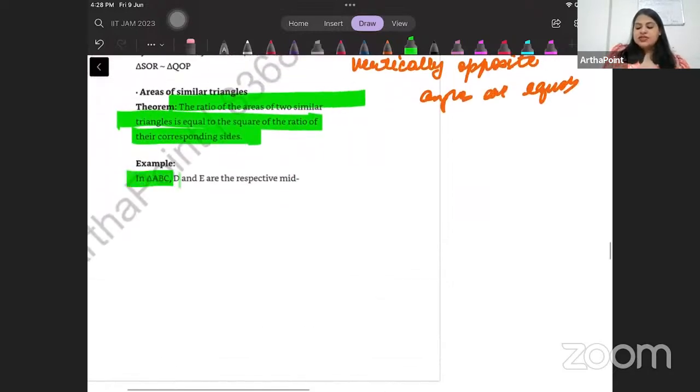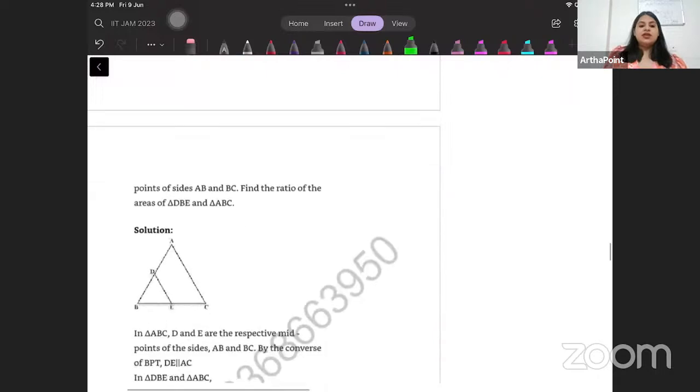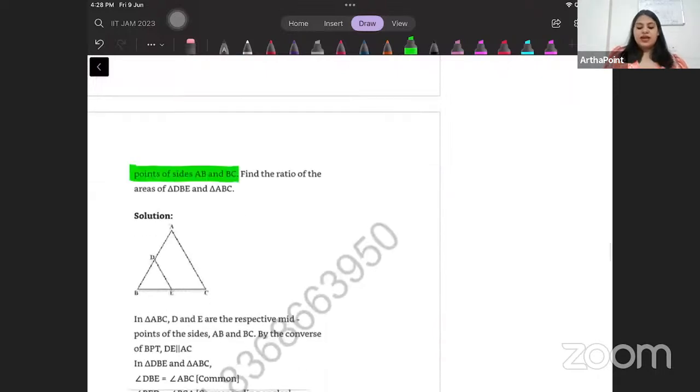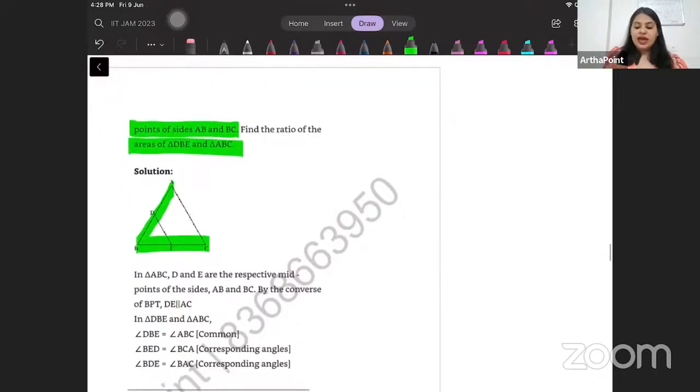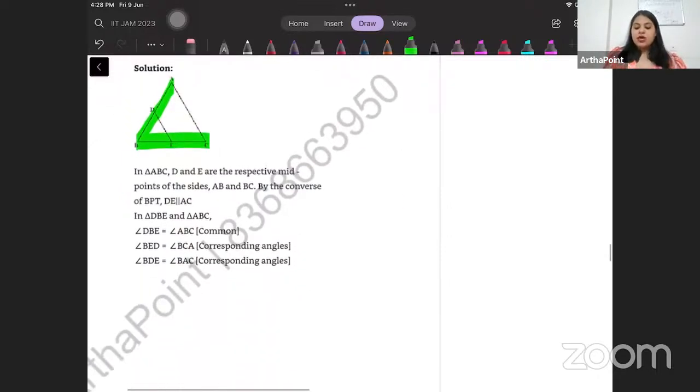In triangle ABC, D and E are respectively the midpoints of side AB and BC. So I have AB and BC and their midpoints are given as D and E. It says find the ratio of the areas of triangle DBE and ABC.